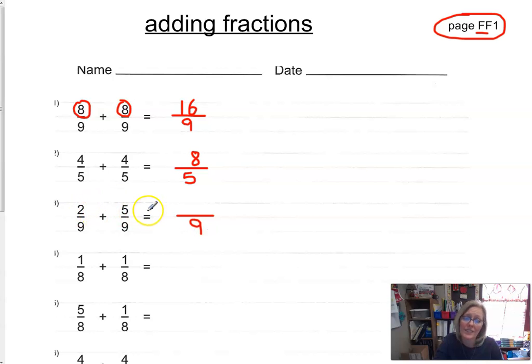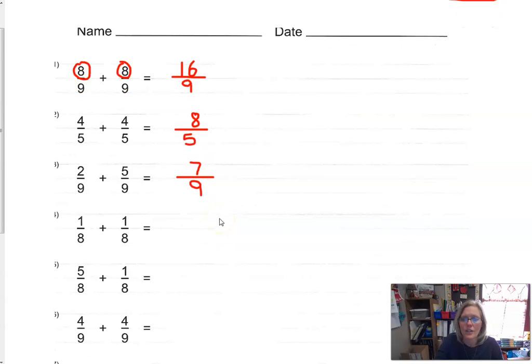And I'm going to see how many I get if I have 2 ninths plus 5 ninths, 7 ninths. This one happened to be a proper fraction, didn't it? It had a smaller numerator than the denominator. Let's go to eighths. If I were to add eighths together, I'm still just going to have eighths, but 1/8 plus 1/8, I'm going to have 2 eighths, aren't I?